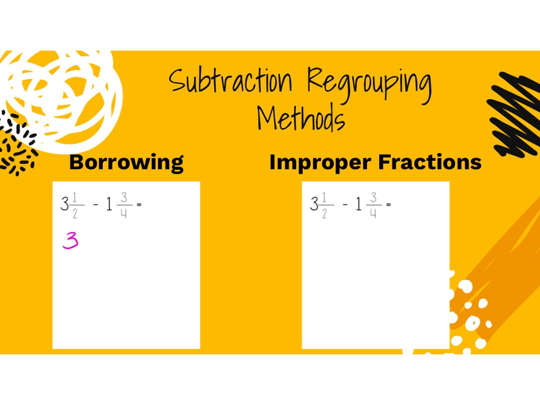So 3 1/2 over 1 3/4. And we are subtracting these two fractions. So my first step would be to find a common denominator. I notice that 4 is a common denominator of both 2 and 4.